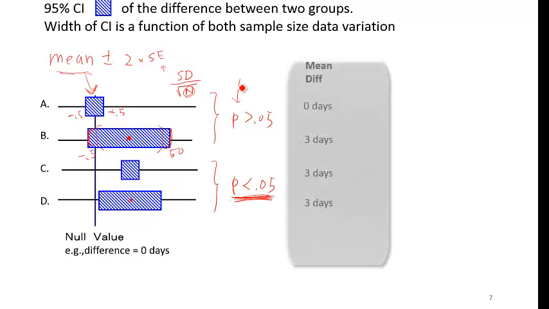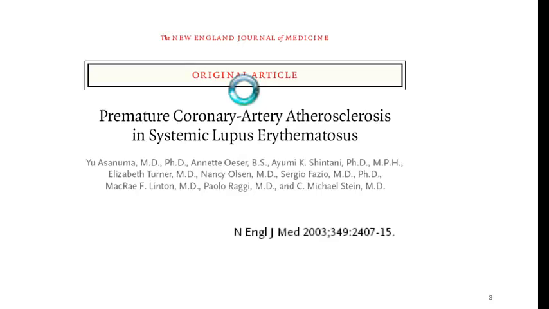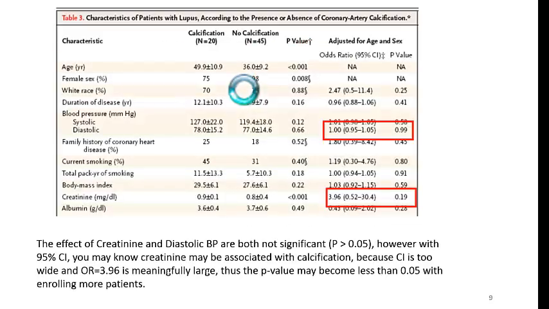So here is a real-life example. This is one of the studies I was lucky enough to publish in the New England Journal of Medicine, looking at whether coronary artery calcification is a risk factor for SLE. Okay.